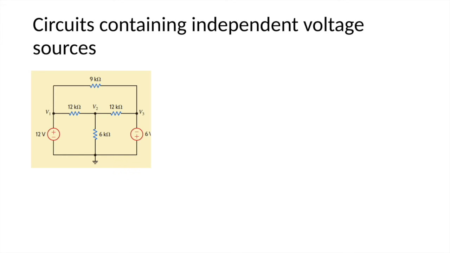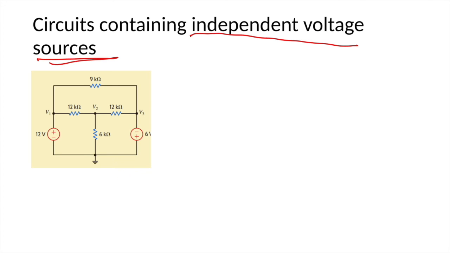Another scenario is that the circuit contains independent voltage sources. In the simplest case, the circuit only contains independent current sources. That is the first scenario, where we can write it in matrix form by inspection.